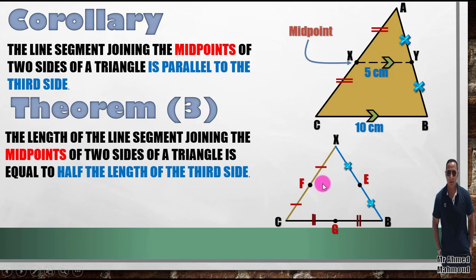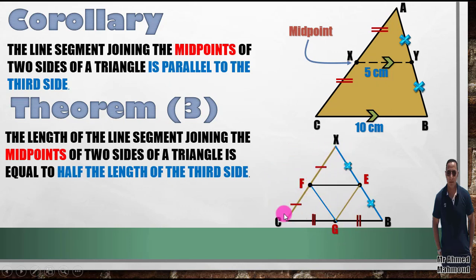If I connect the three midpoints, we get that EF and BC are parallel, and the length of EF equals half BC. Again, EF is parallel to BC and half of BC. Also, EG is parallel to XC and equals its half.